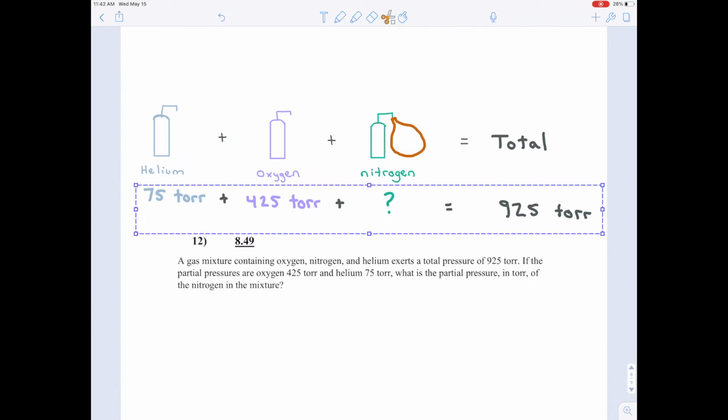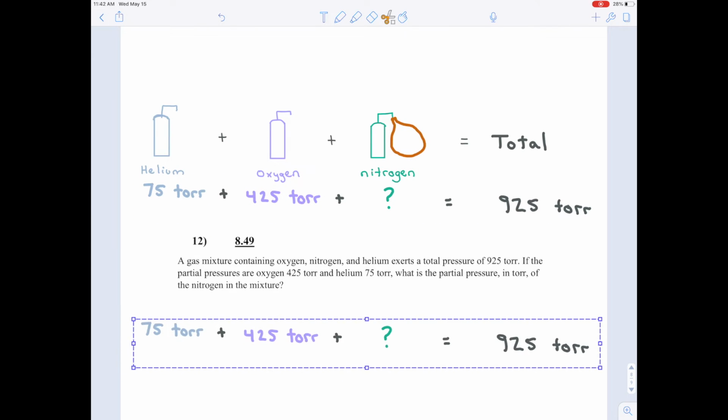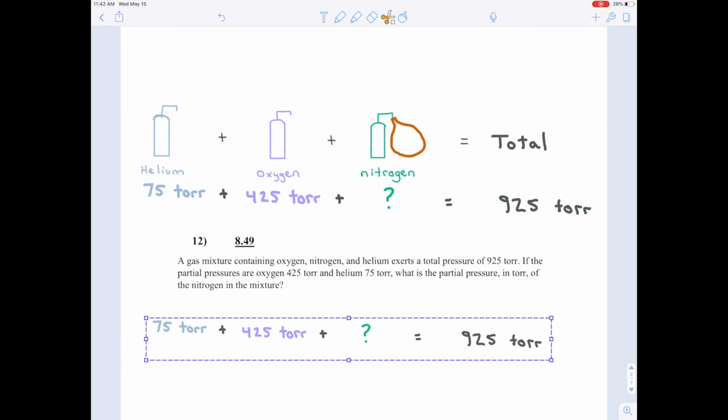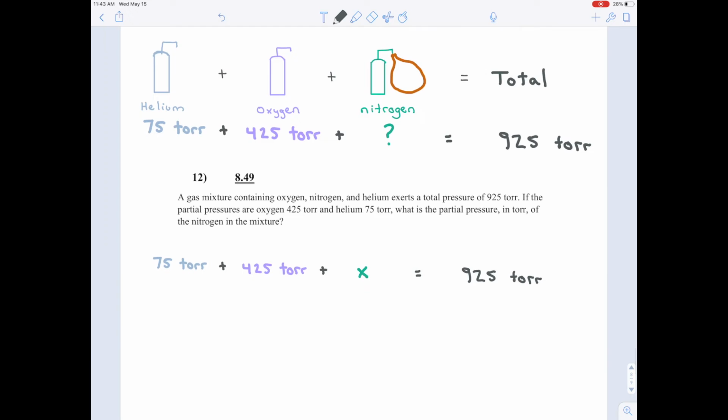We can say 75 torr plus 425 torr plus x equals 925. And you can solve that little algebraic equation. The first thing you'd want to do is to add up 75 torr and 425 torr. Those two together would equal 500 torr.